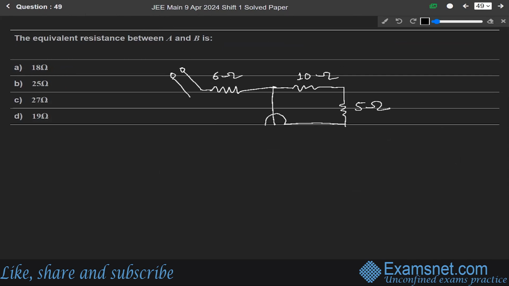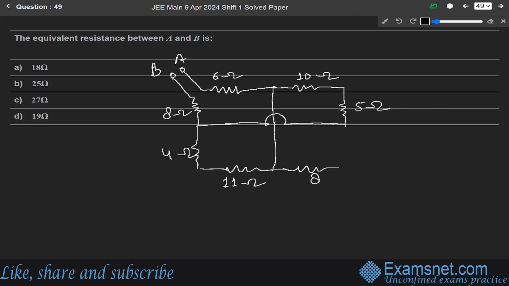It is connected like this. And here it is of 8 ohm. This is point A. This is B. And this is of 4 ohm. This is of 11 ohm. And this is of 8 ohm, and this resistor is of resistance 7 ohm. Okay, so we have to find the equivalent resistance between A and B.